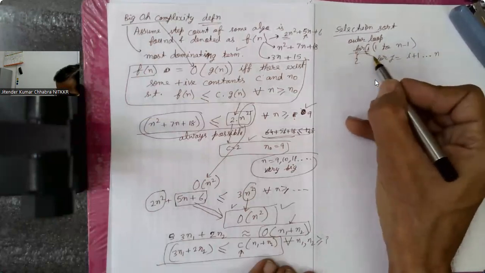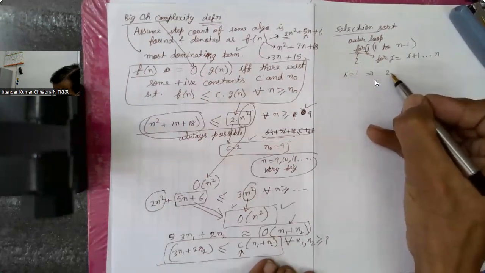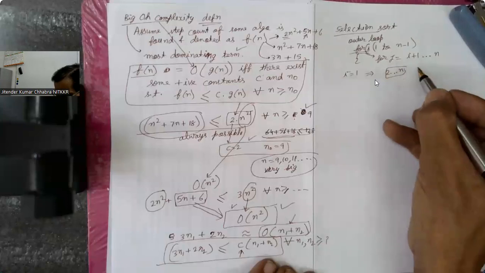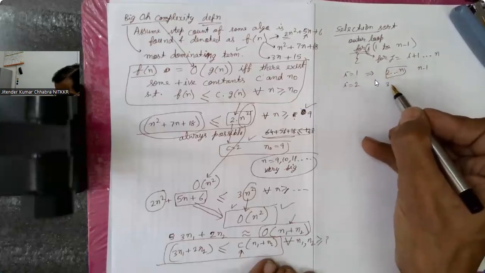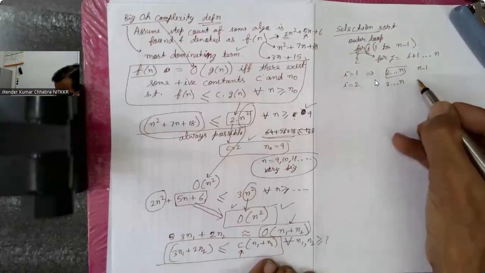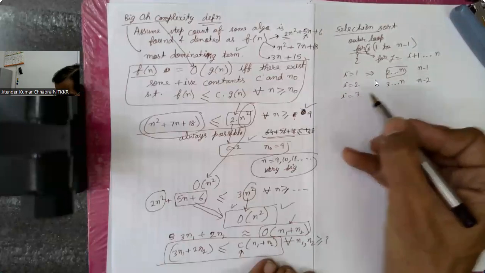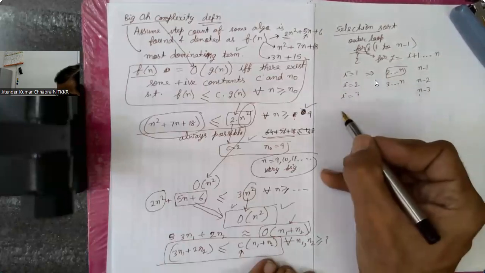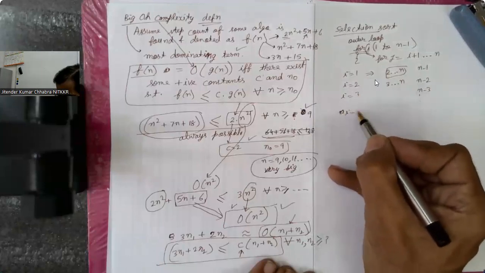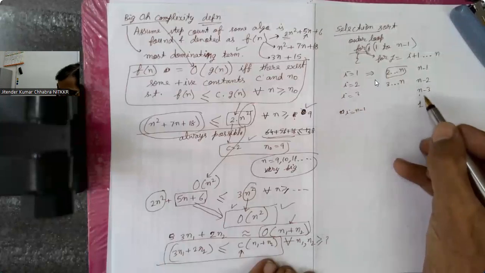When i is 1, this loop executes 2 to n, that is n minus 1 times. For i equal to 2, this loop will execute 3 to n, that is n minus 2 times. For i equal to 3, it will execute n minus 3 times. And when i becomes n minus 1, effectively it will execute 1 time.